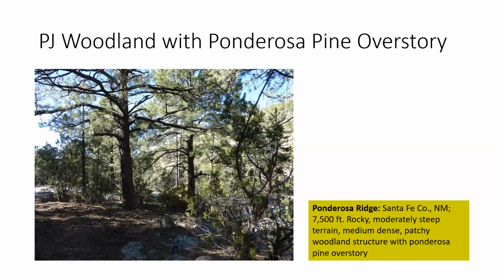It's typically pretty steep and rocky, medium dense, patchy structure, and Ponderosa pine overstory that shows that the trees are pretty old. So the fire regime has not really gotten to both the Ponderosas and the pinons. So you find trees of 300-400 years old in these areas.